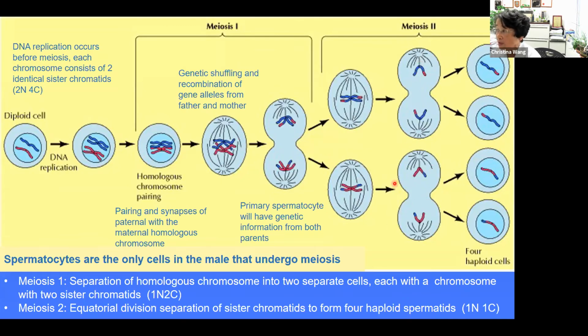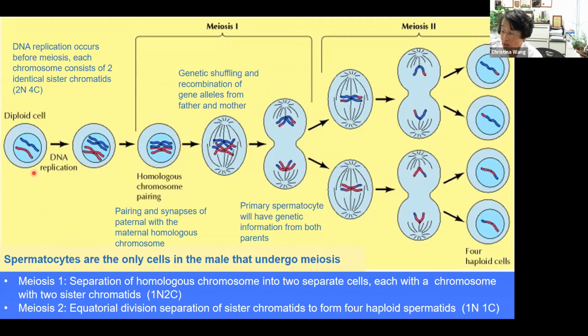Then they rapidly undergo meiosis 2, which is an equatorial division, so that the resultant cells will be 4 haploid cells, each of which will have only one chromatid. And you can see that each one is different, and different from the two chromatids that come from that spermatogonia. So one cell becomes 4.